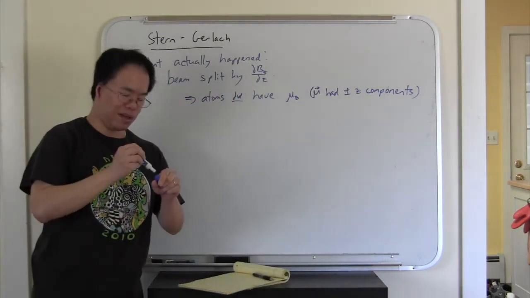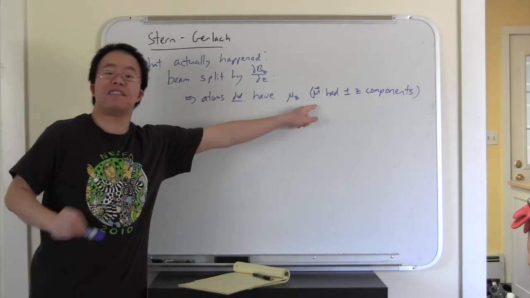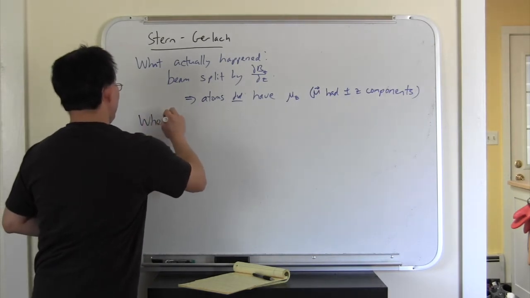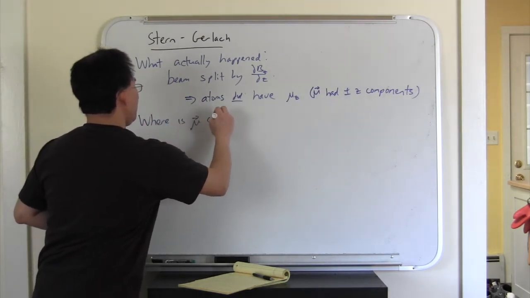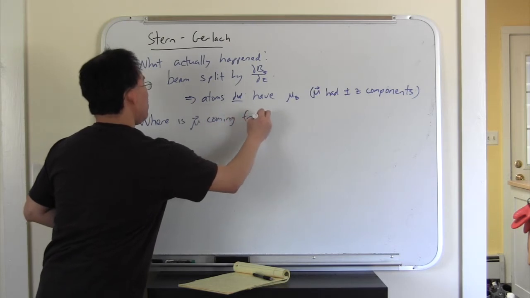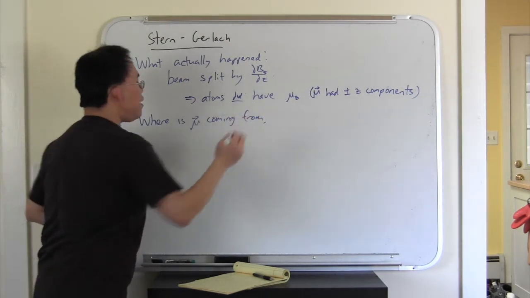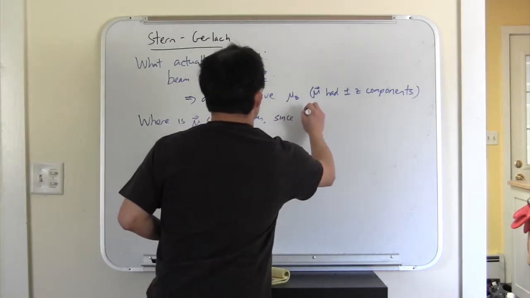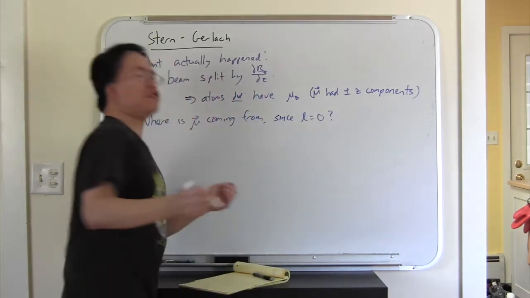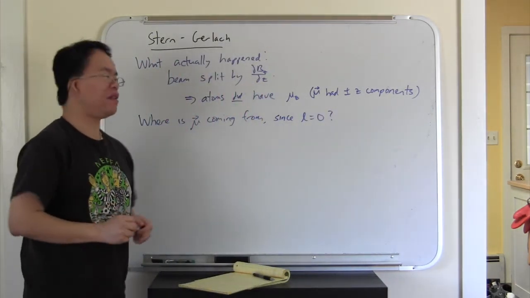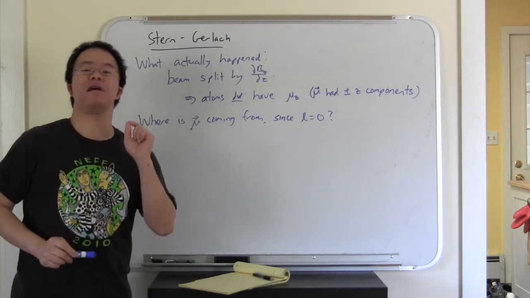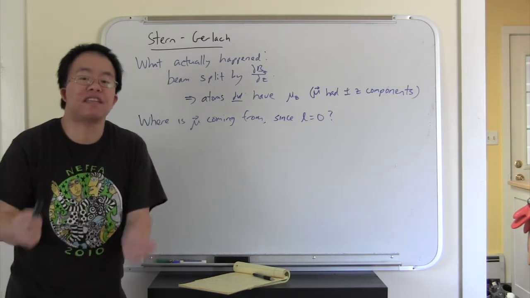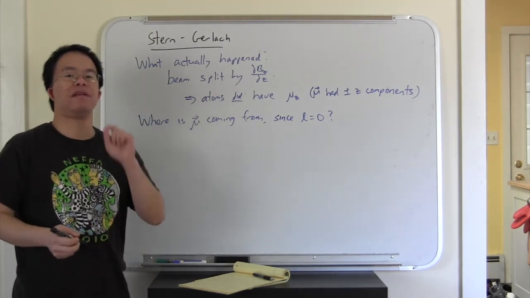So, then the question becomes, where is this magnetic dipole moment coming from, since we know that they prepared their atoms with L equals 0, and hence no orbital angular momentum. It turns out you can explain this using the following idea. Electrons have an intrinsic angular momentum, namely their spin.